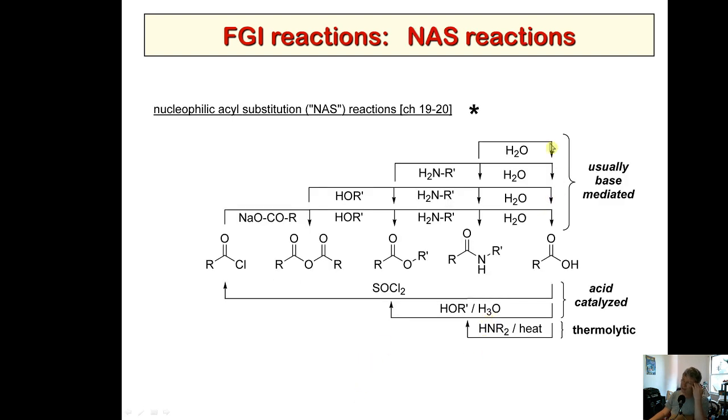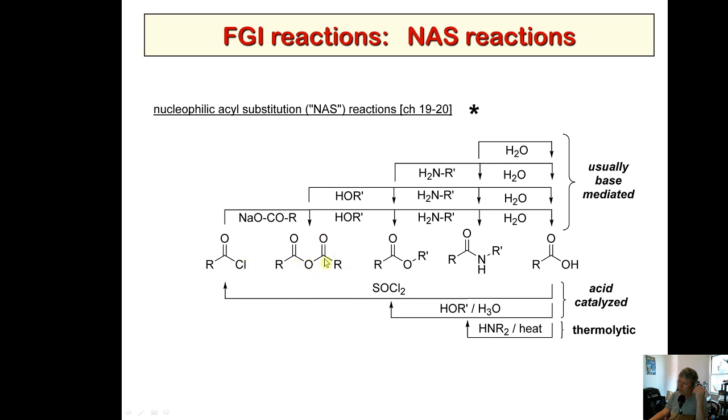Okay, so this summarizes all of the NAS reactions. This is a big thing in chapters 19 and 20. What it's showing is how cool the acid chloride is as a versatile intermediate. It can be converted to any of the things on the right, and the reactivity order goes from most reactive to least reactive. It can be converted to anything on the right really easily, just using the other reagent, right?